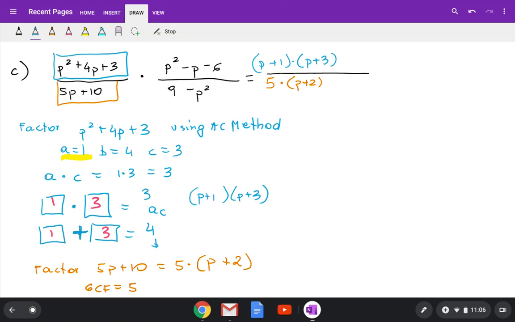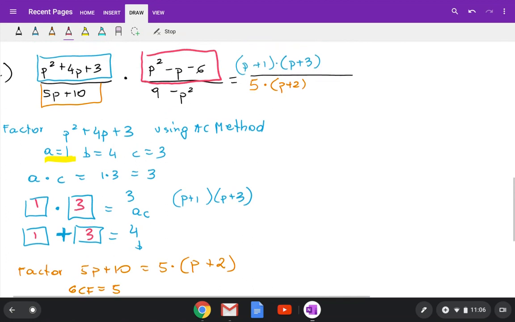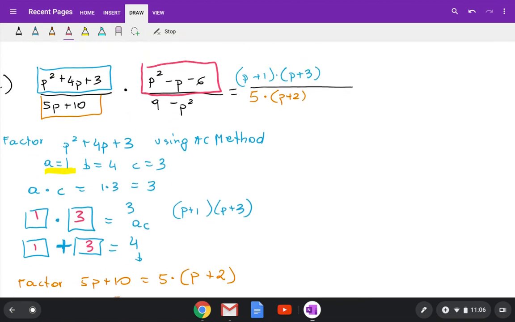Okay. Next, I'm moving to the second rational expression, and I'm going to factor p squared minus p minus 6. Okay, so let me just do that on this side. So here, let's just separate them right here.